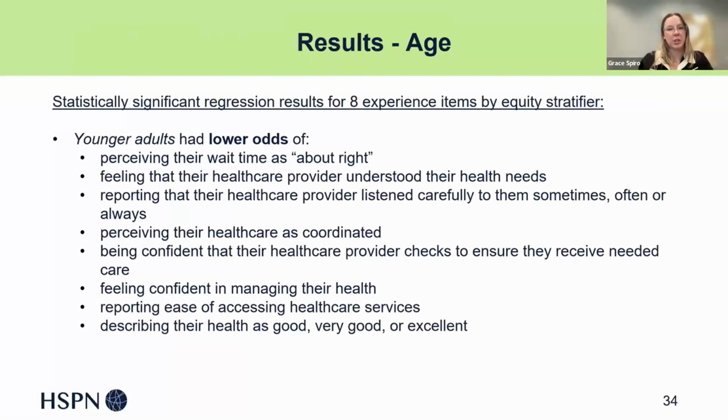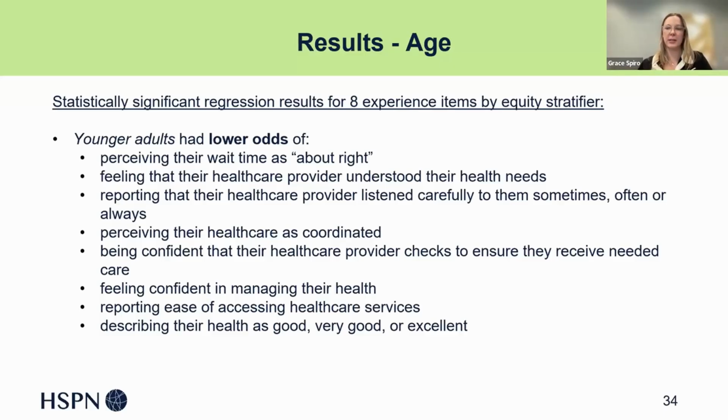Now, we do have the results in a table format like we did for this access and length of time question shown previously, but for the purpose of today's presentation, I'll now shift to share only the statistically significant results by equity stratifier. So on this first slide here, we have the statistically significant results by the stratifier of age.